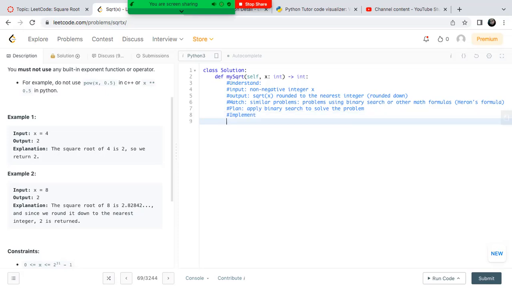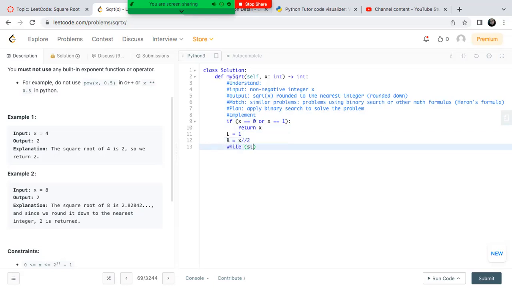So we want the base cases first. The base cases are if x equals 0 or x equals 1, then we return x. And then we want to start the left-hand side at 1, and end at x divided by 2.